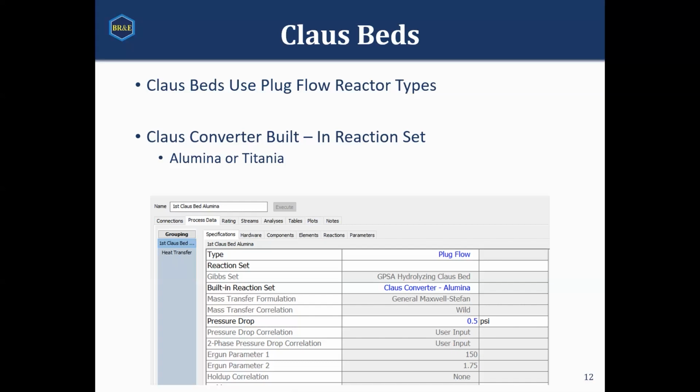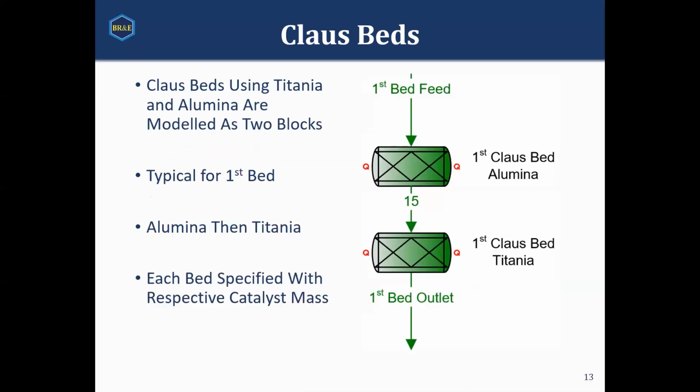One thing I want to talk about too is specifying your catalyst. Once we've done that, we'll look at ProMax again, but let's talk about specifying the catalyst real quick. So with the Claus beds, whenever we are modeling them, we do need to at least specify the amount of catalyst that is being used.